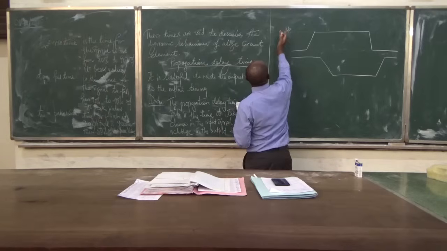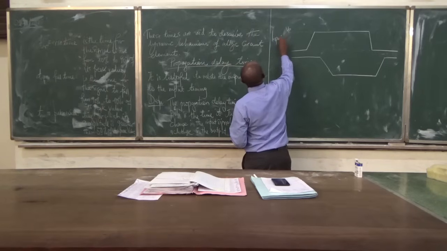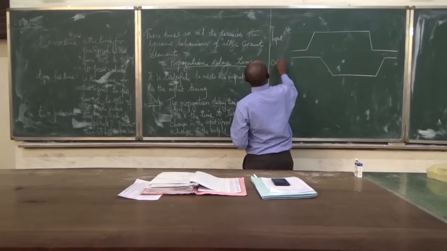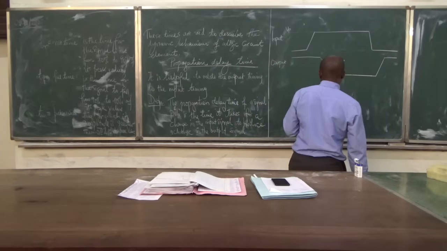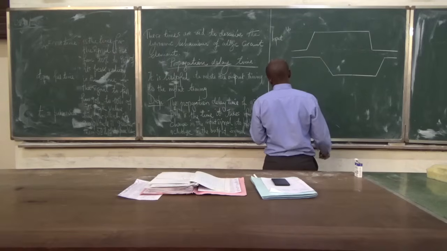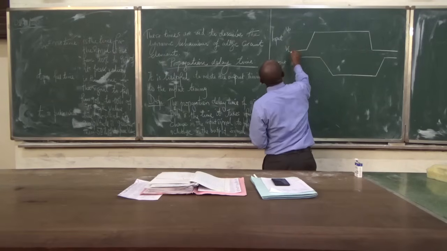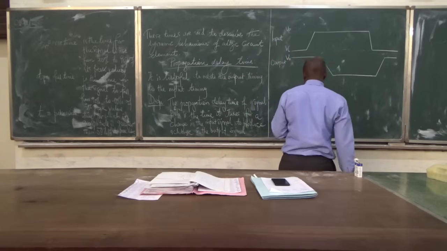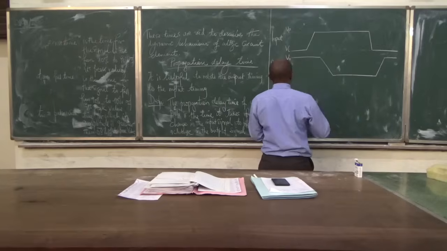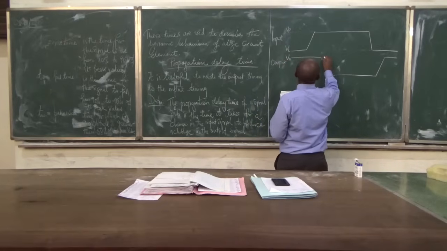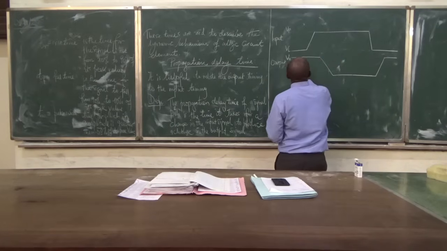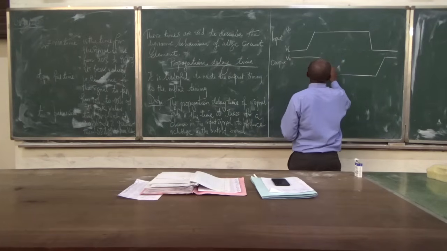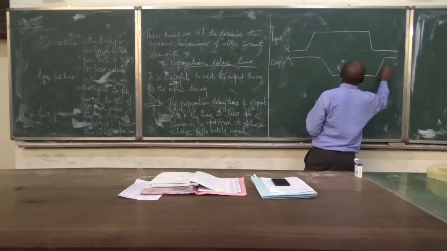This is the input signal. This is the output signal. Then we have VL, this is VH. Then we have 0.5, half of VH.